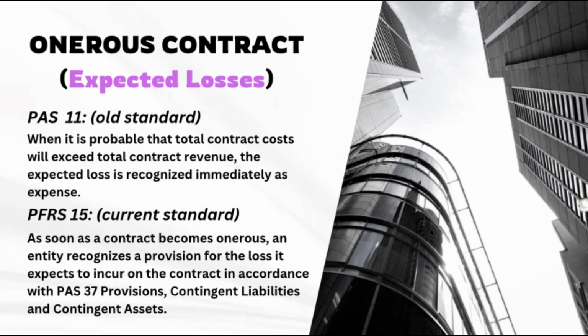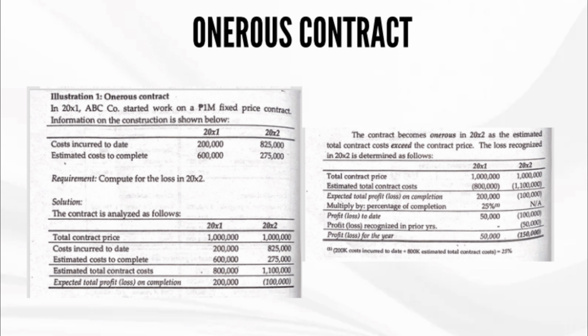This represents a shift toward a more comprehensive revenue recognition framework under PFRS 15, aligning it with the overall contract performance assessment. This is the illustration 1 for onerous contract in the book.